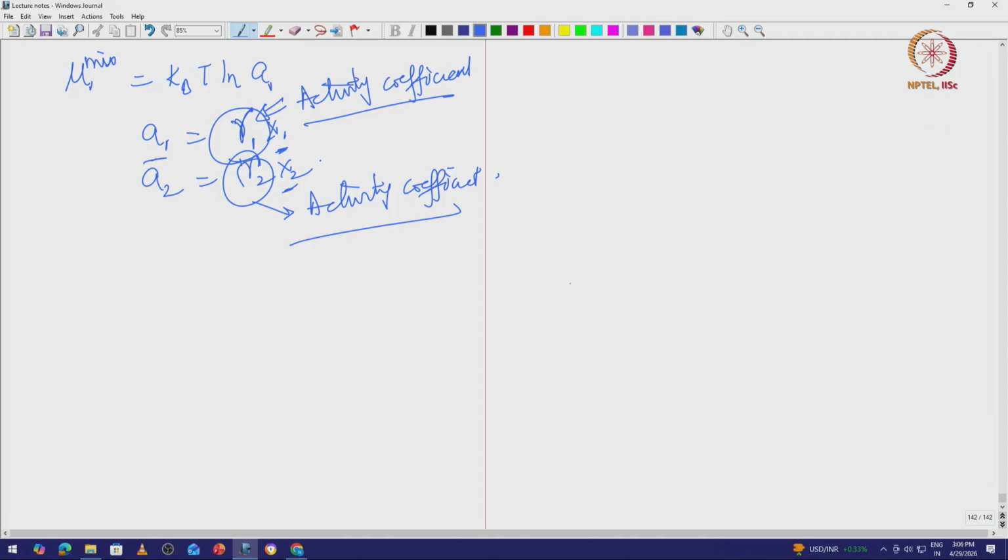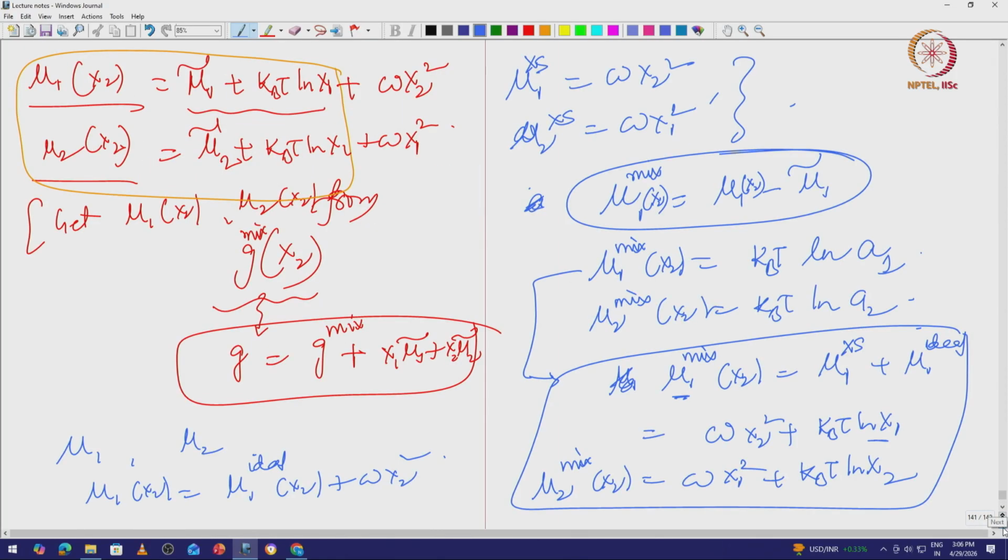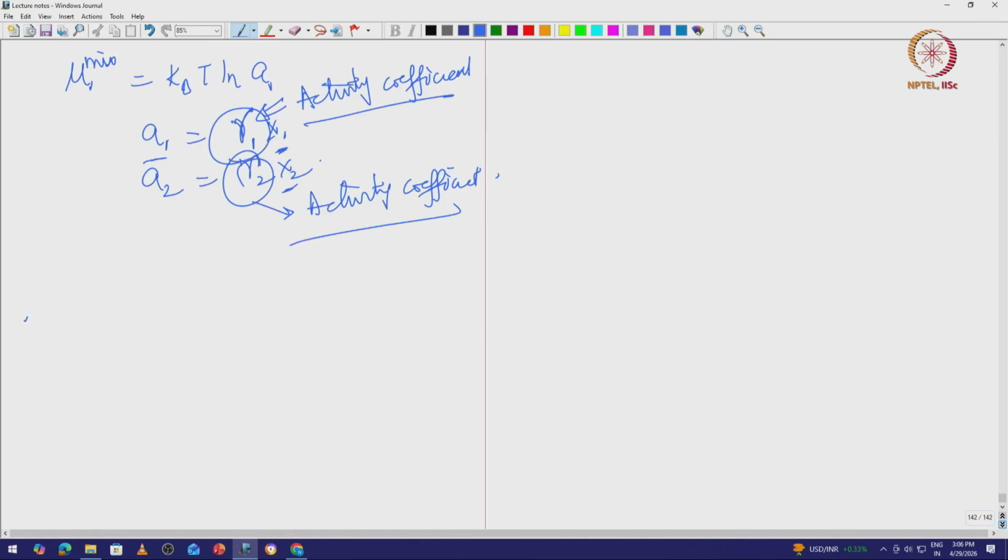But bear with me again. So, what do we have here? Yes. So, now I am going to write mu1 mix equal to kBT ln gamma 1 x1, and that is equal to omega x2 square plus kBT ln x1, right.